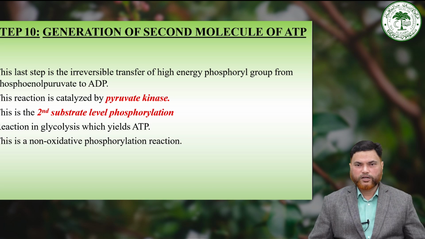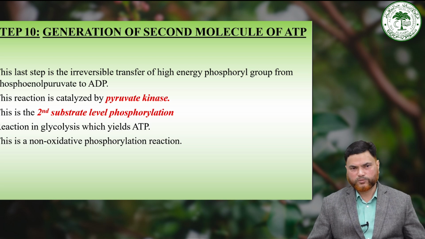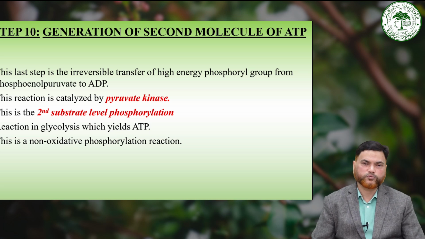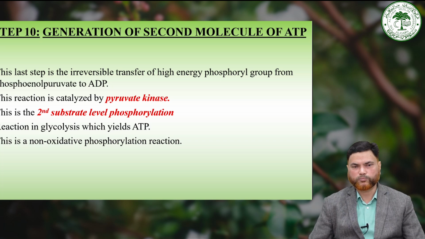Now, the phosphoenolpyruvate produced in the previous reaction has a very high phosphoryl group transfer potential. It is interesting to note that, like the compound I mentioned earlier, 1,3-bisphosphoglycerate, this phosphoenolpyruvate has higher phosphoryl group transfer potential than the ATP molecule.